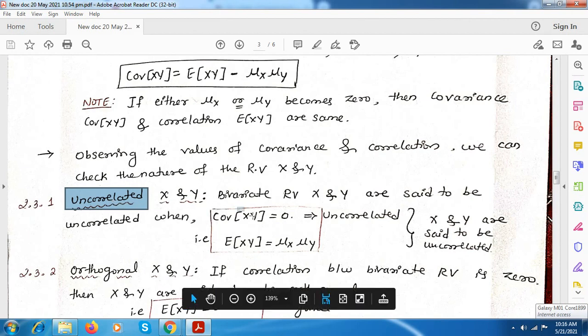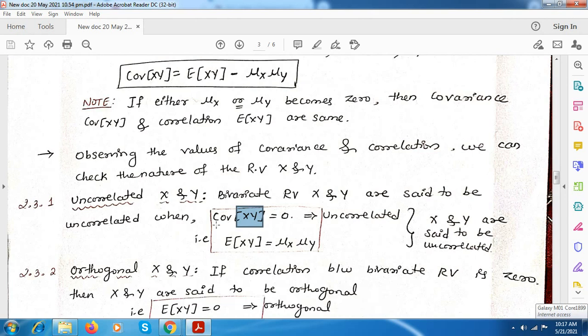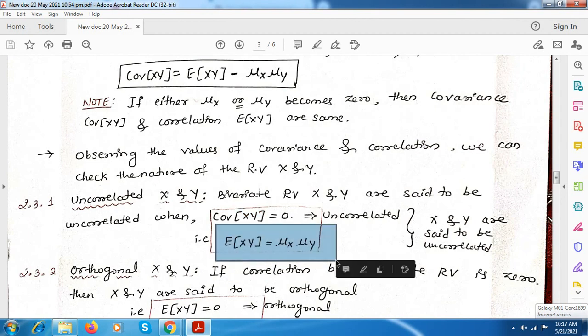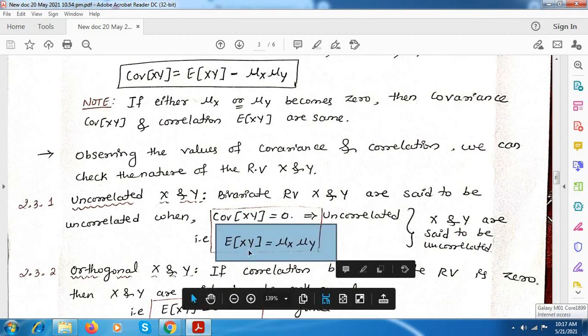So here covariance of x and y will be 0. If you substitute this as 0 in the covariance equation, you get E of xy, the correlation, equivalent to the multiplication of the mean values of x and y.